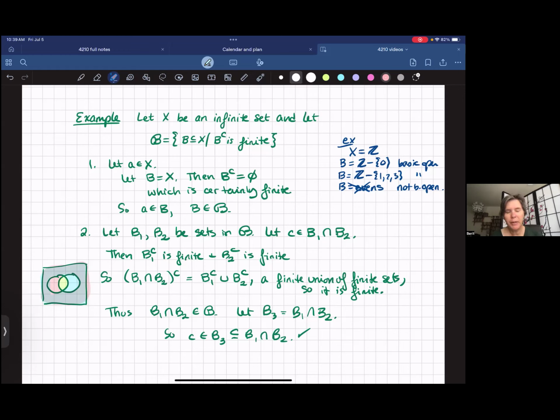So B1 intersect B2 is the little green oval shape. Its complement is everything outside of that. B1 complement is everything outside of B1, so that's the part that's blue. And then B2 complement is everything outside of B2, so that's the part that's peach.